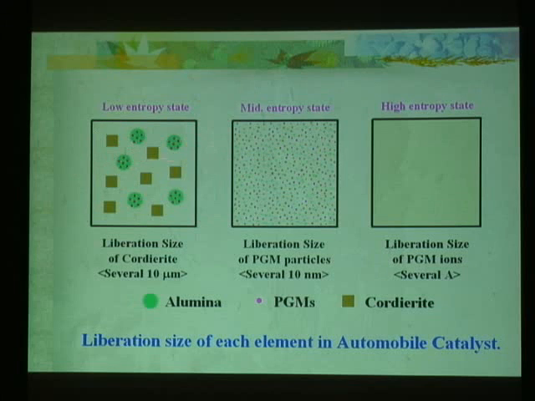This is, of course, a much lower entropy state here, and a very high entropy state there. Which one can we choose? Now, the very famous Rose process developed by the Dowa mining company, a Japanese company, is applied in this state. But our approach is the separation at this stage, please.